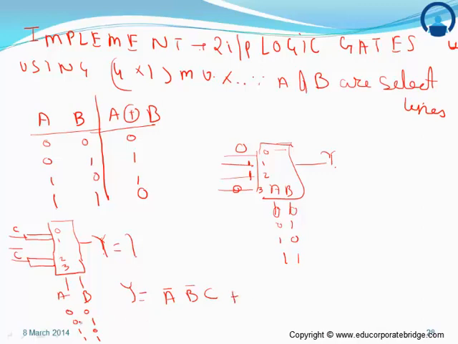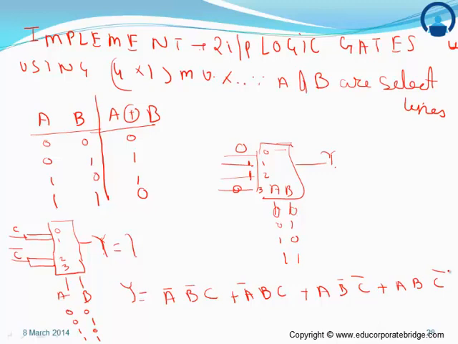Plus, for A bar B, again 1 will be selected, so it will be A bar B C, plus, for input 1 0, that is line number 2 gets selected, which is A B bar C bar, plus A B C bar.